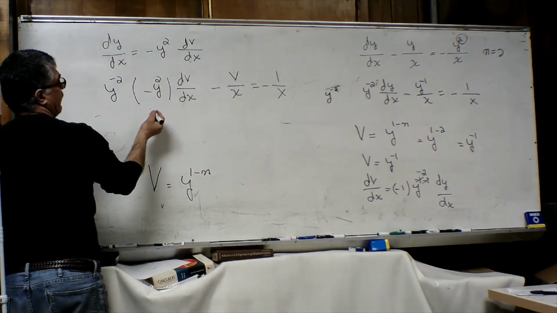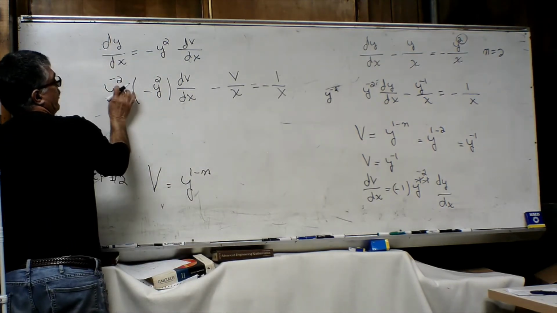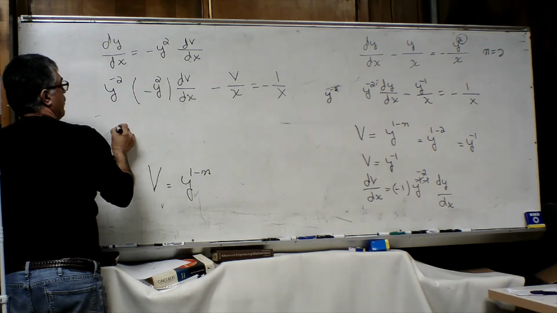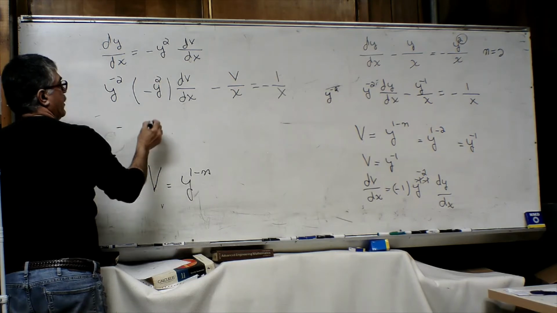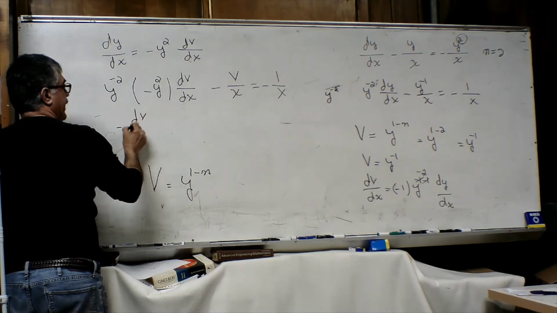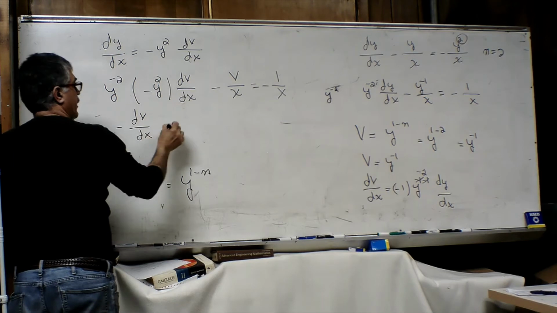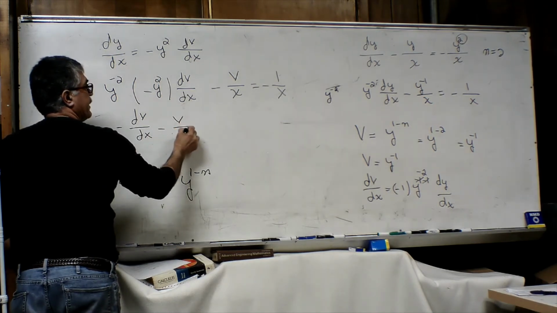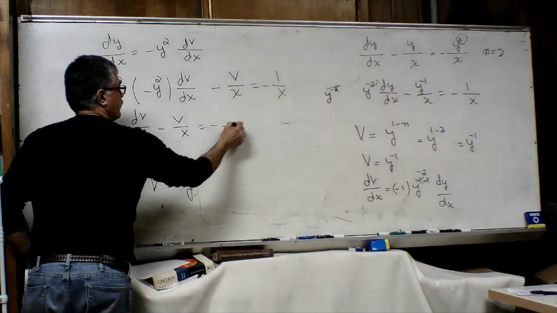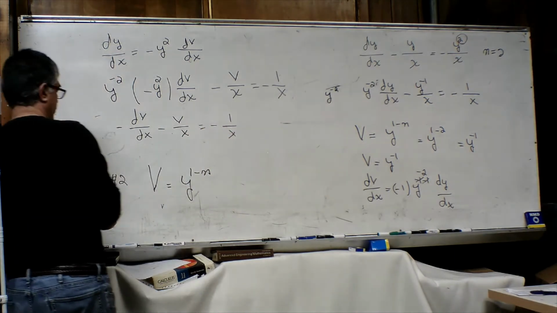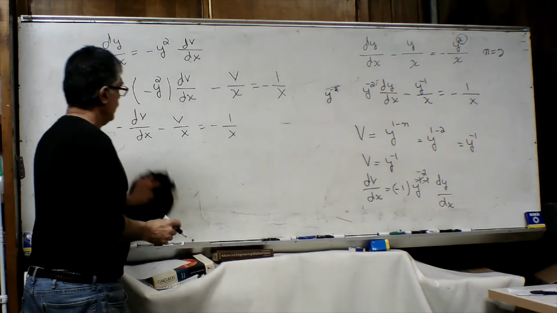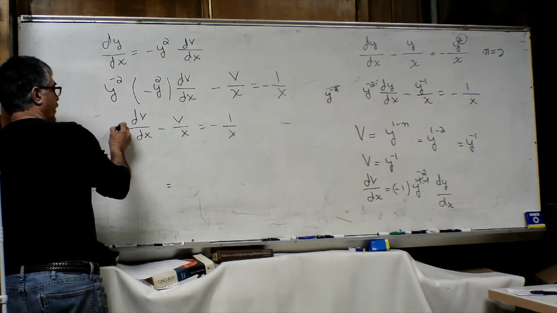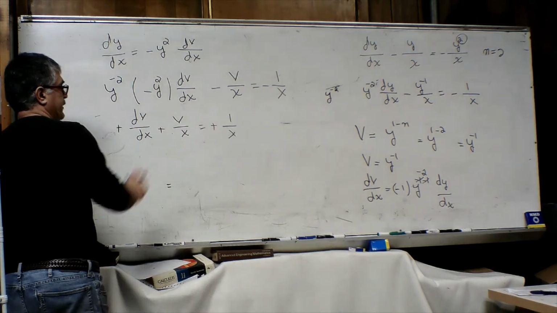So y to power minus 2 multiplied by y to power 2 will be 1, minus dv over dx minus v over x equal to minus 1 over x. So let's multiply both sides of the equation with minus 1, so we are going to have plus, plus, plus.